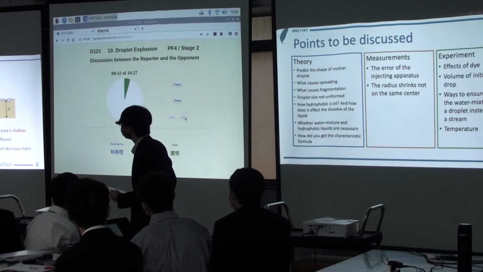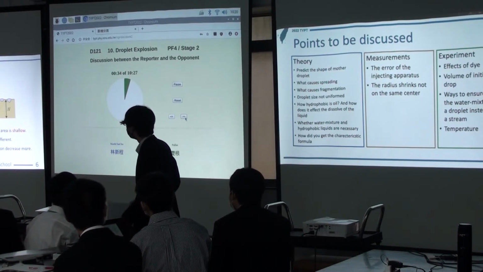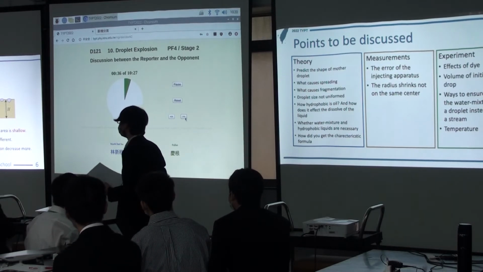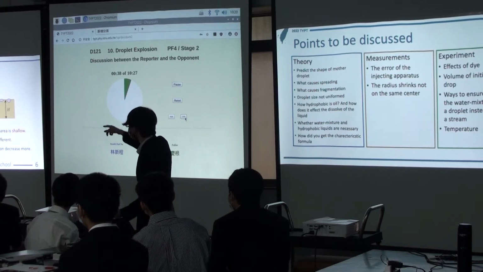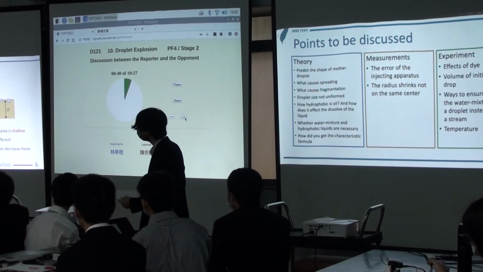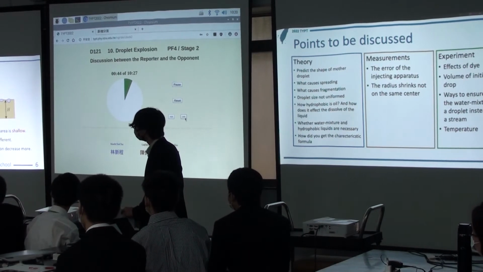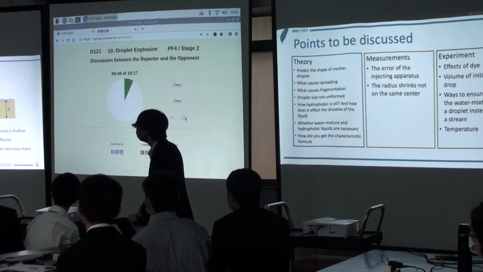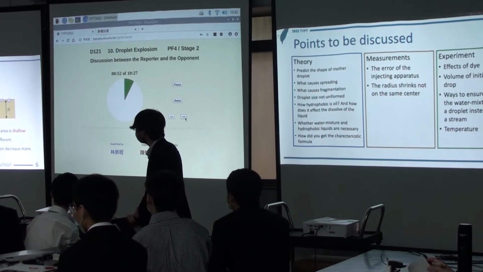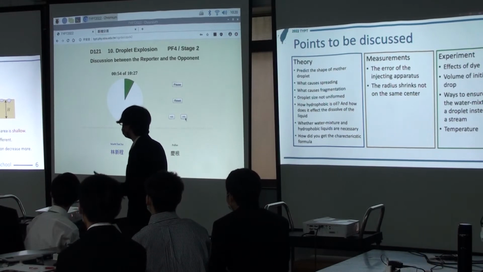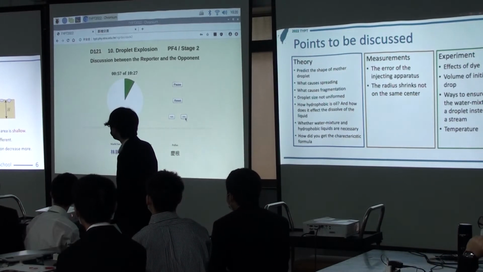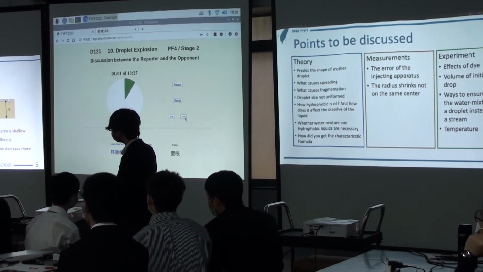So how thin do you think the layer is? I think it might be just like 0.2 millimeter, and it will always be bigger than the ring. Have you shined a strong light on the droplet before? Yeah, a strong light.